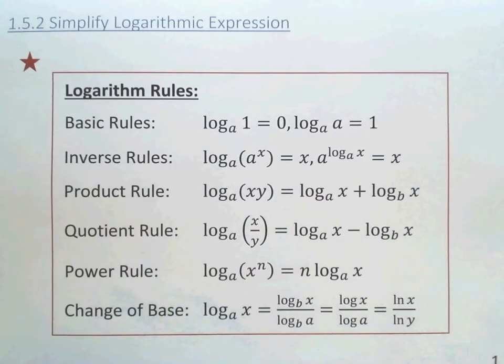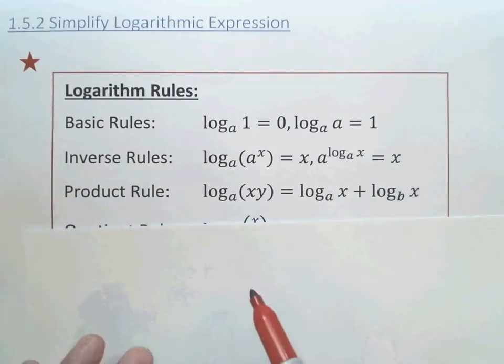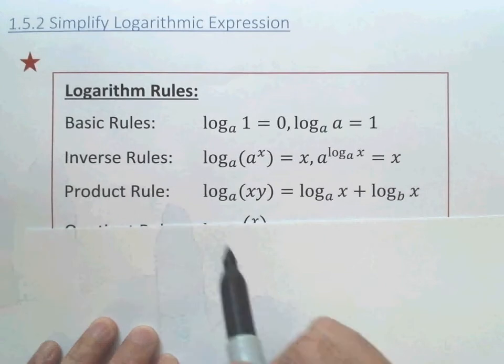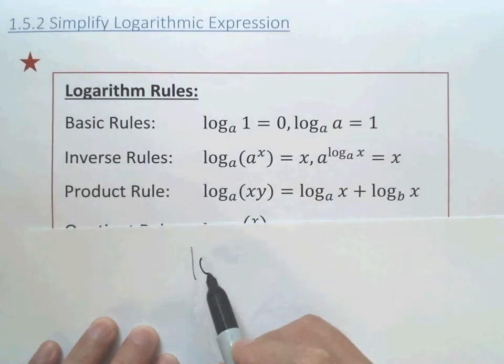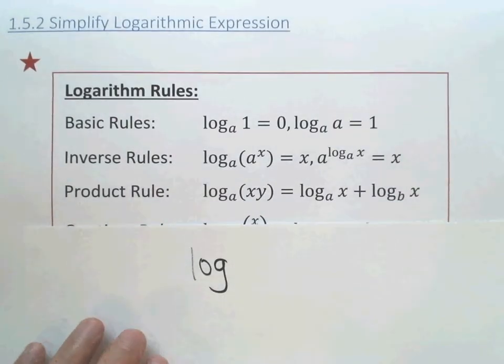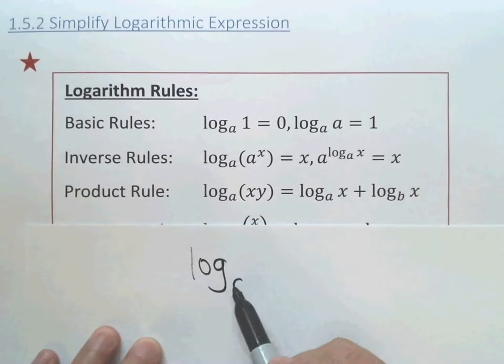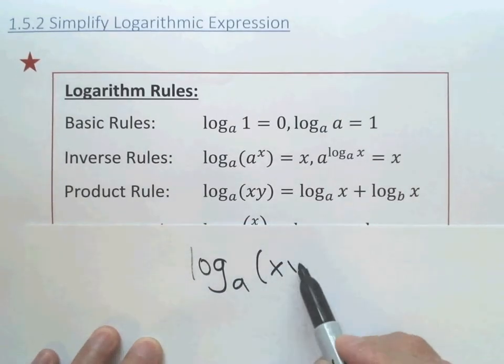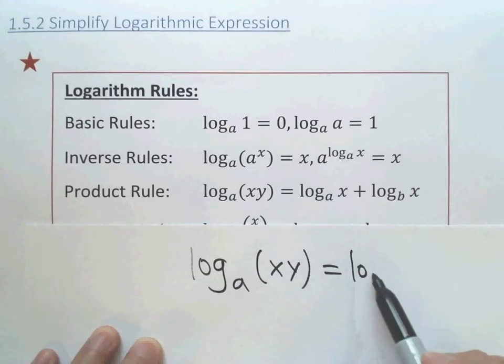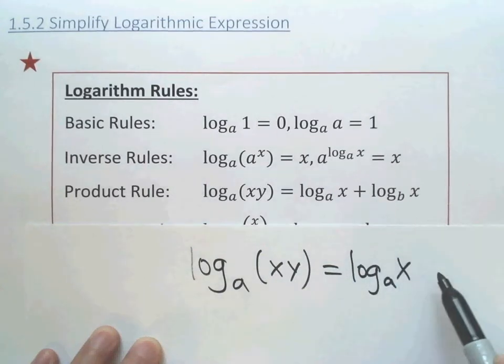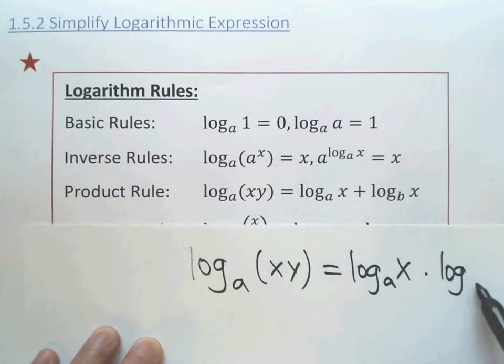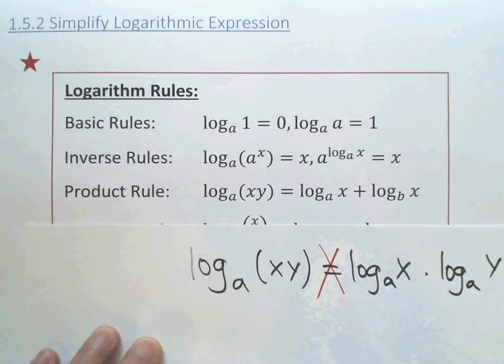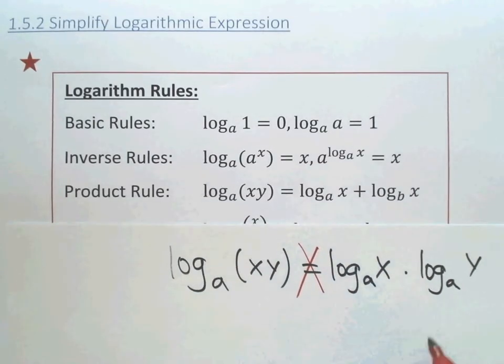Somebody will write log base A of xy equals log base A of x times log base A of y. Do you think it is correct? No, this is wrong. Keep in mind that it's easy to make this type of error. Where is it wrong? Here is wrong. It should be plus.